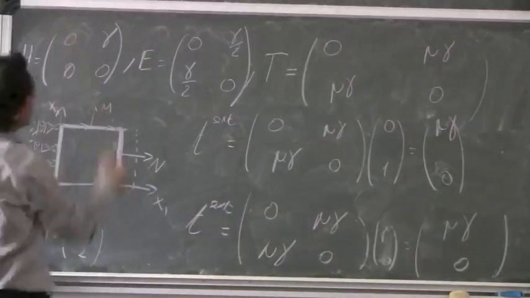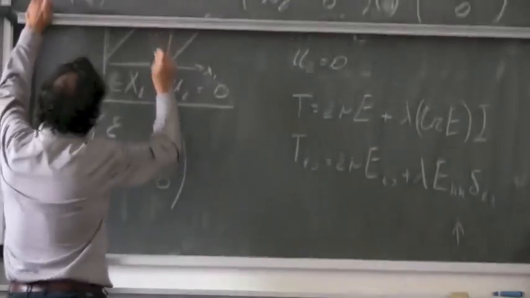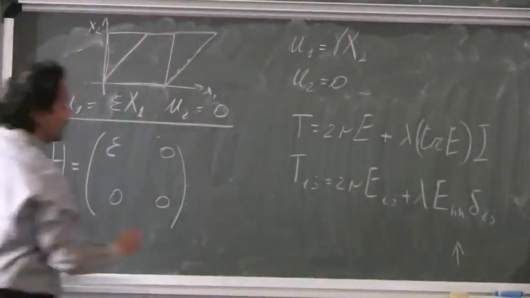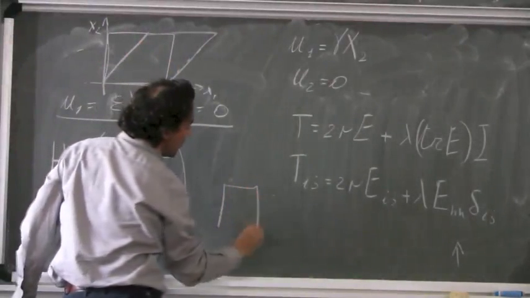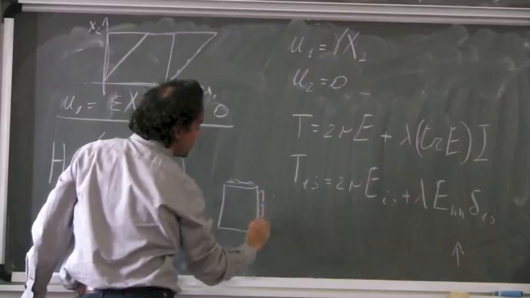It means that in order to have this shape, this is your square, you have to apply this force and this force.